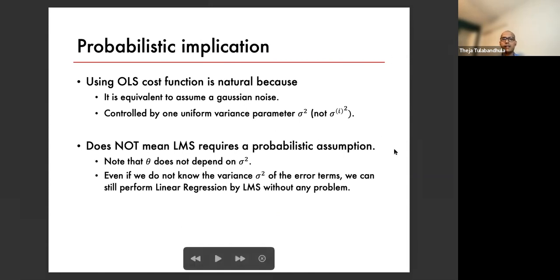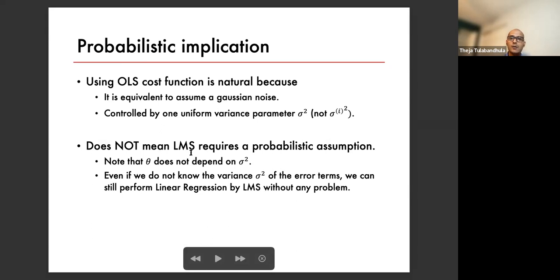We can do least mean squares or OLS. I'm using the term OLS, which just stands for ordinary least squares, and least mean squares is just the objective function, the function we saw as the difference between prediction and output, the whole squared.